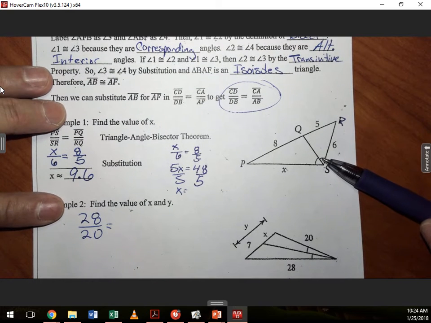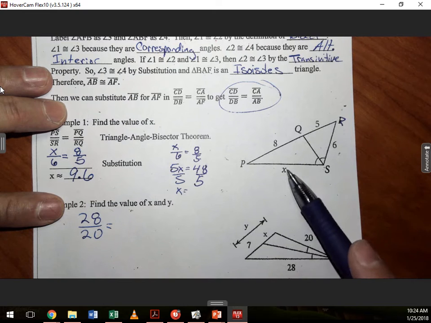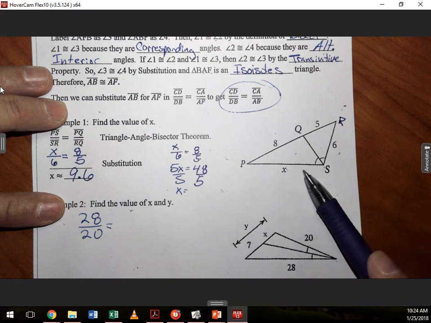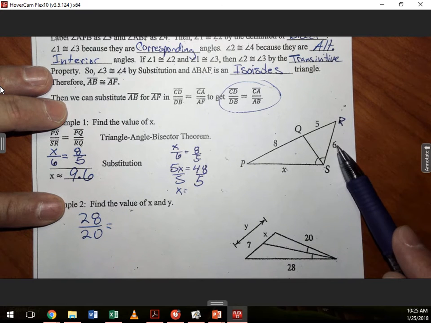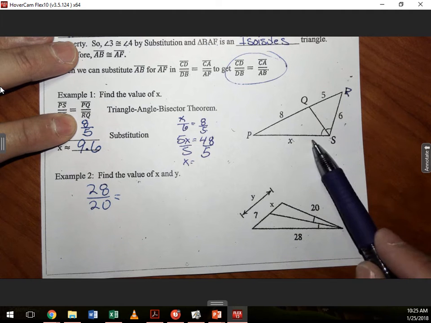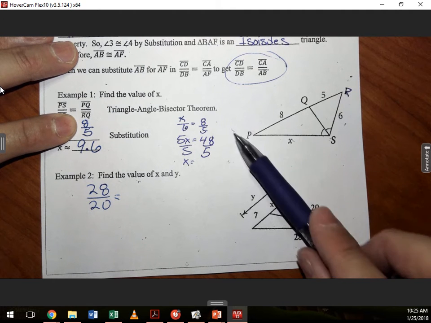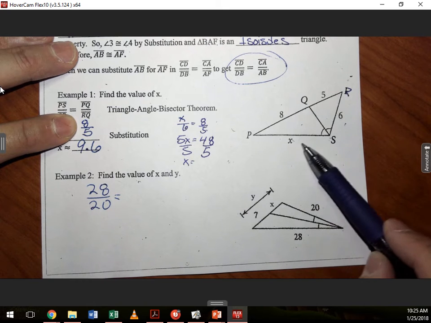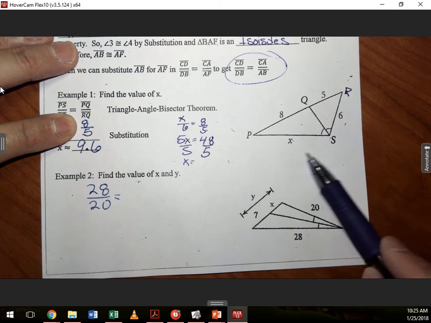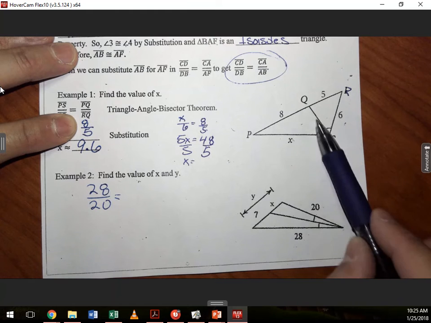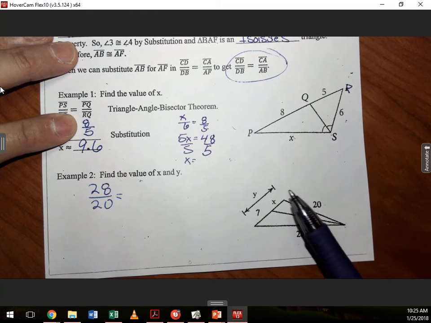Now, let's take a look. On the previous problem, I went X over 6 because this is my bisected angle, and these are the legs attached to that. So it was X over 6. And the next part was 8 over 5. Now, if you notice, the X was on top of my fraction, so over here, the 8 went on top because that was all the same part over here.